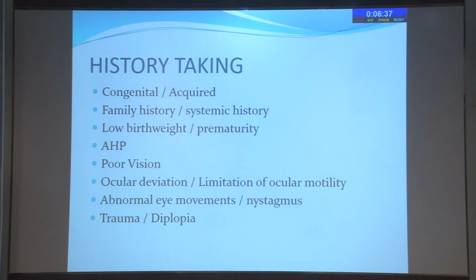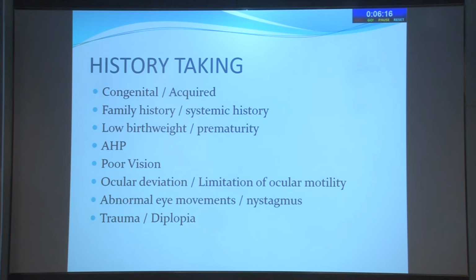In children, things like low birth weight and prematurity will be important. And another thing to keep in mind is abnormal head posture, which can be very subtle, and if you are not looking for it, you may miss it. So always look for an AHP. It may give the problem away, like a DRS. You may be able to figure out a 6th nerve palsy by an AHP.